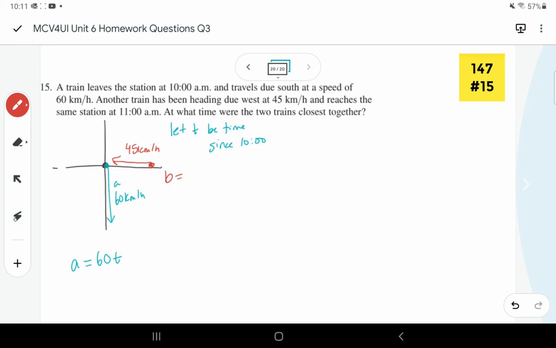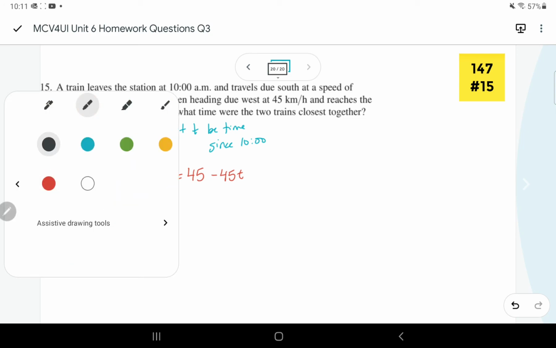And this distance B is going to be decreasing every amount of time that passes. So the distance B will be 45, that's what it starts at, minus 45t. So after 1 hour, it will be at a distance of 0. It will be at the station.